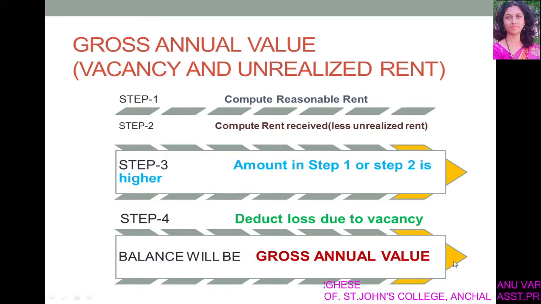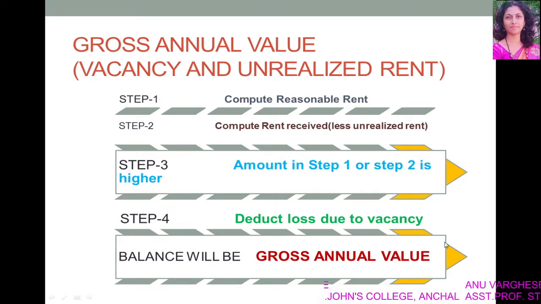Now let us see how we have to compute gross annual value when there is a vacancy period and unrealized rent in the question. We have already discussed in the last class that from gross annual value we have to deduct unrealized rent and municipal tax to arrive at annual value.